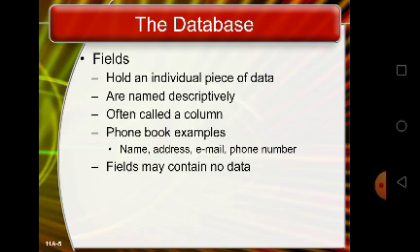Each piece of data in the address book is stored in its own location called a field. Once again I repeat, each piece of data in the address book is stored in its own location called a field.